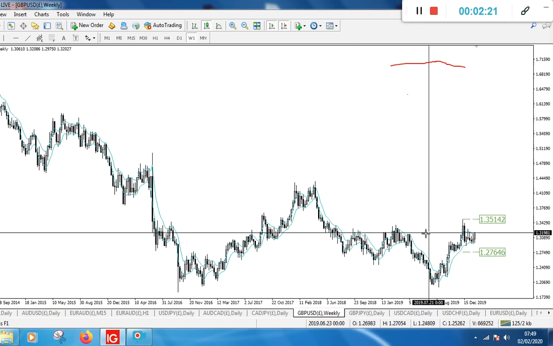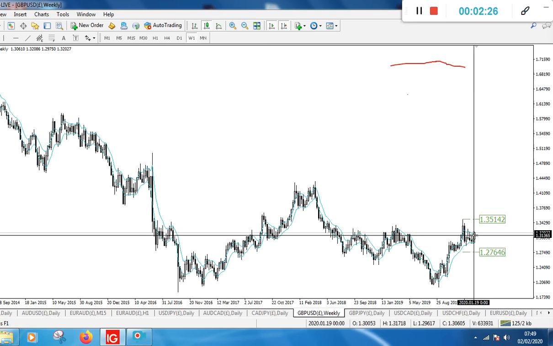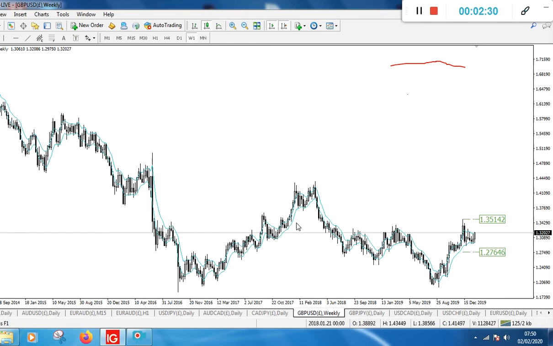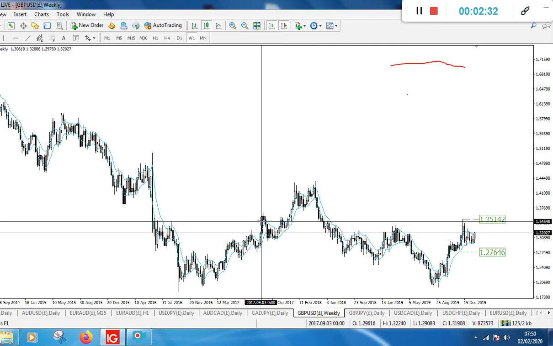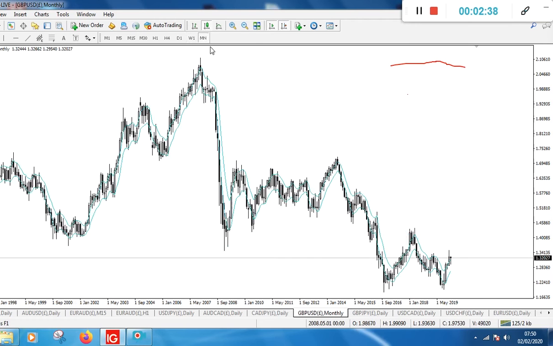So most likely the pound's going to go higher. Obviously, if there is some news that intervenes, could be, but for now I would be looking for a long side of the cable. Let's go to the monthly.